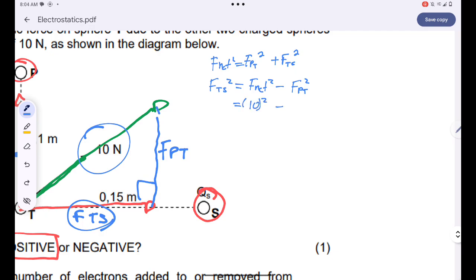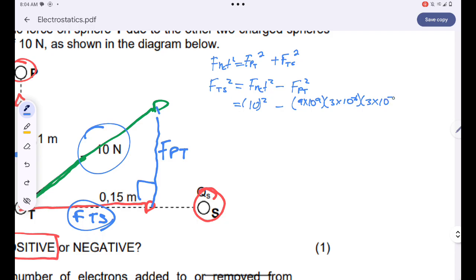And then that's K. I know that K is just 9 times 10 to the power 9. The magnitude of P is positive 3 times 10 to the negative 6, and T is also negative 3.